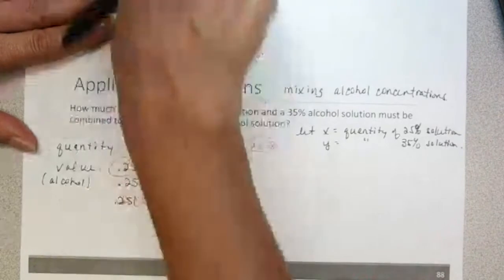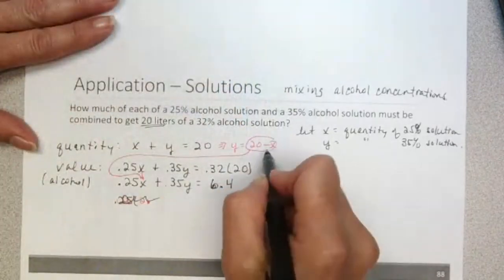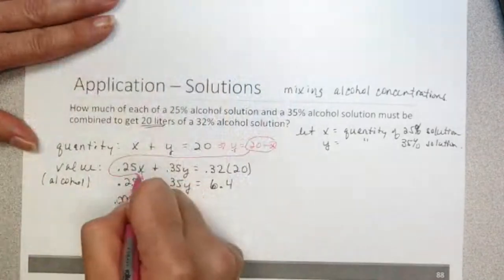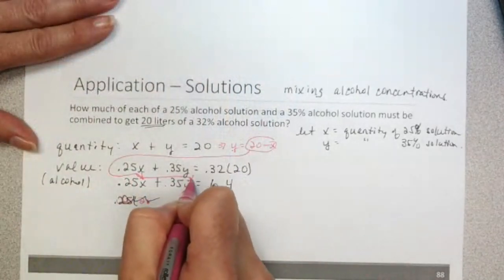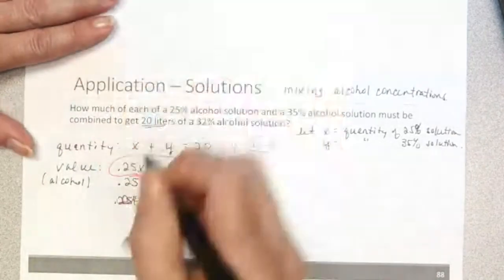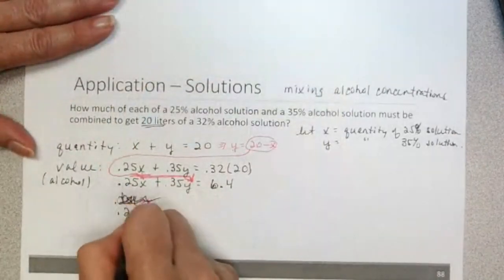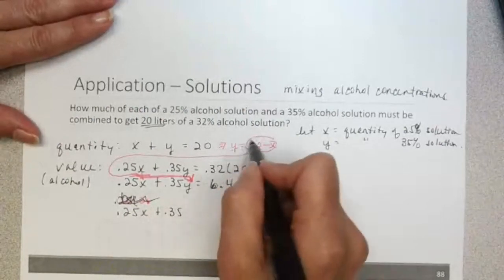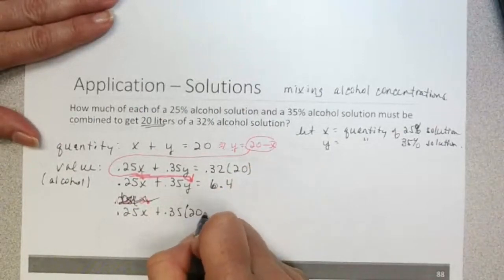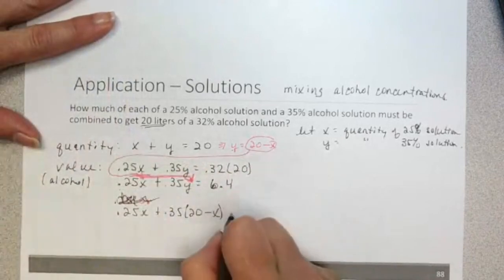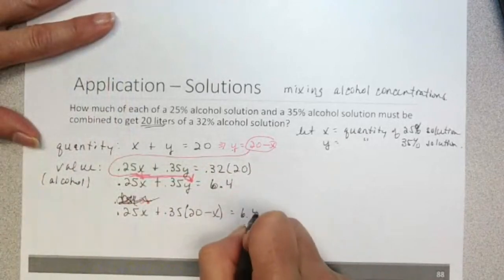Oh, no. I started to do that wrong, didn't I? 20 minus x is going in there for y. That one goes in this guy over here. Okay, so let's start that over. 0.25x plus 0.35 times this new expression for y, that's the 20 minus x, right? And that's going to be equal to 6.4.